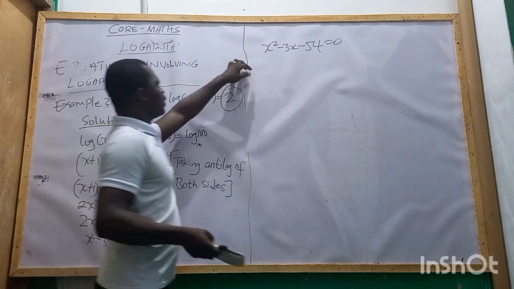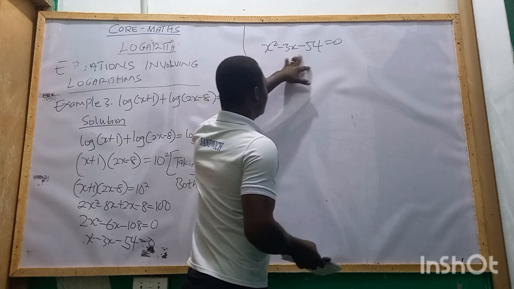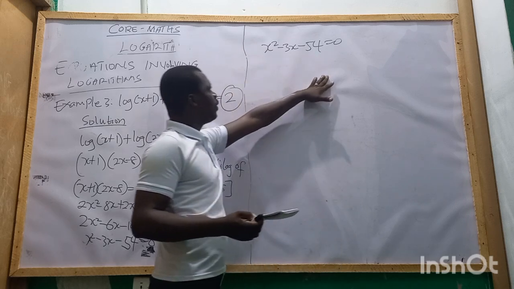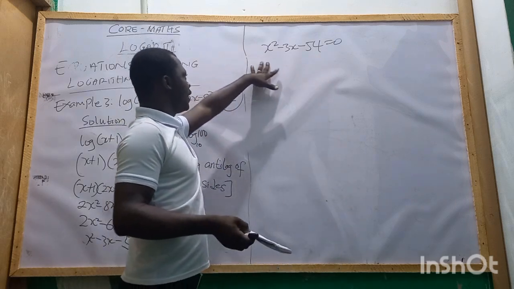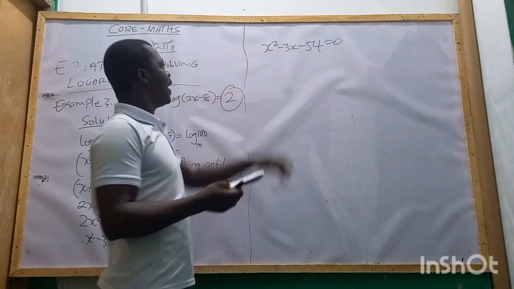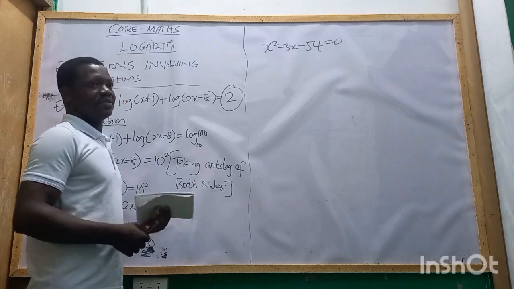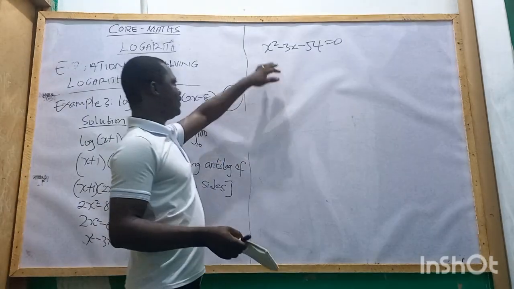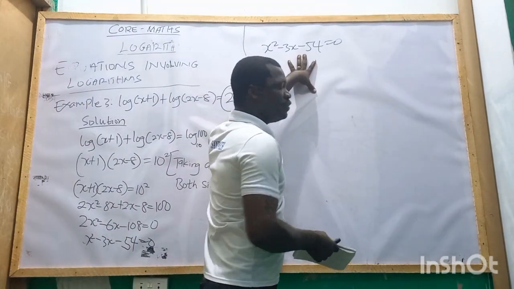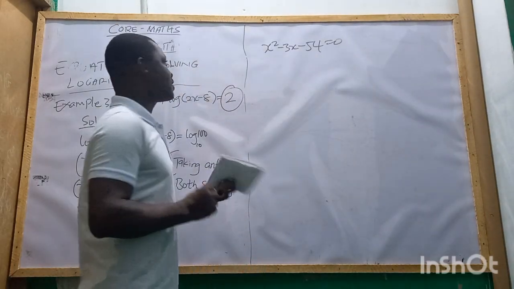So here we have 1. 1 times negative 54, 2 numbers for which if you multiply you get negative 54, if you add you get negative 3. It's 6 and 9. Negative 9 plus 6, if I add, I'll get negative 3. If I multiply, I'll get negative 54. So my factors are negative 9 and positive 6.